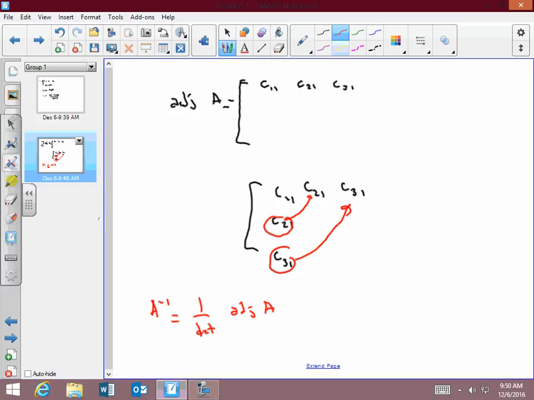Theorem 9 is saying that if you have a matrix, 2 by 2 or 3 by 3, and you take the determinant of that matrix, if it's a 2 by 2, the determinant is the same as the area that's bounded by the vectors of the matrix. And if it's 3 by 3, it's the volume bounded by those vectors.